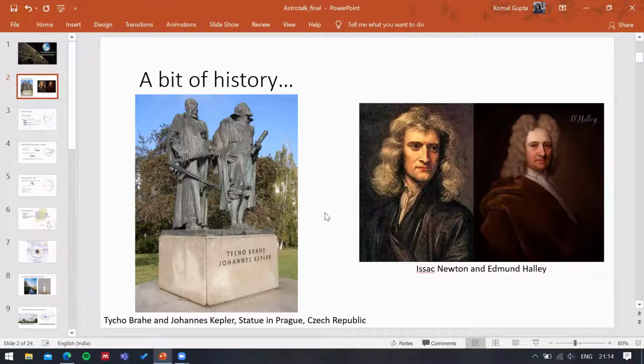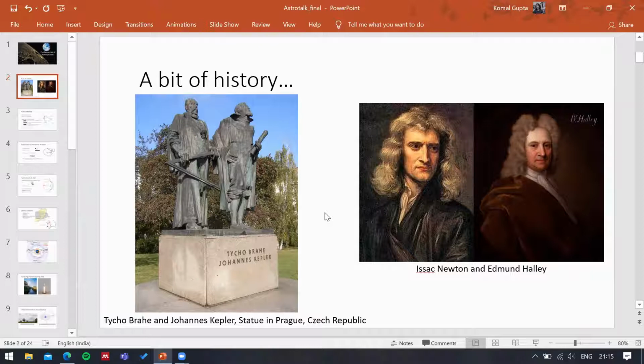On the other hand, there was Kepler. Kepler was a mathematician, and due to his health, he couldn't take observations accurately, but he was gifted with the power of mathematics, and he had what it took to unlock the secrets hidden in Tycho's data.